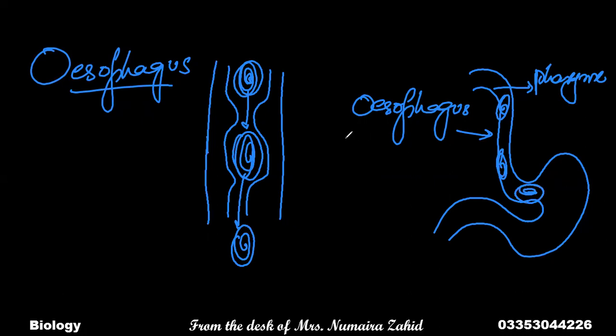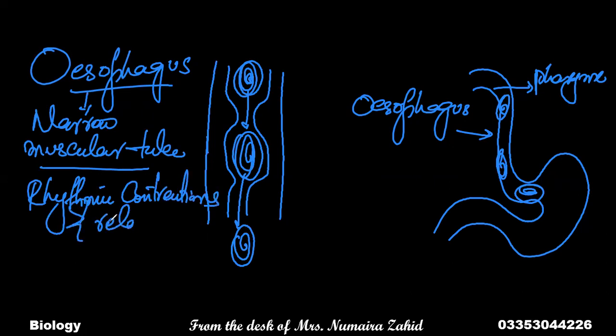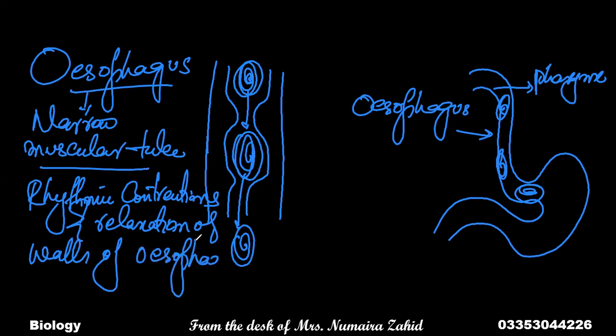So the esophagus is a narrow muscular tube, and the rhythmic contractions and relaxations of the walls of the esophagus are called peristalsis. Through peristaltic movements, the bolus is pushed down to the stomach so that the food can be further digested.